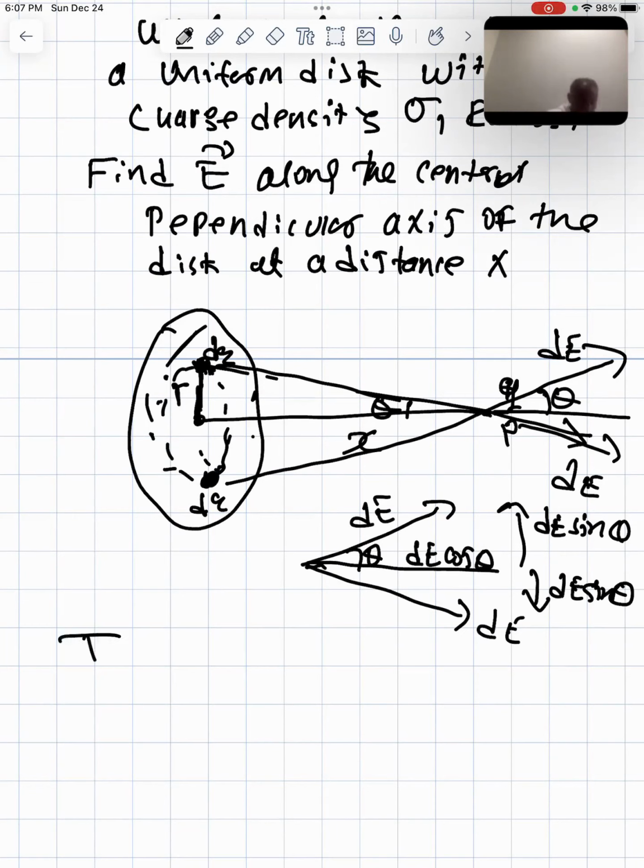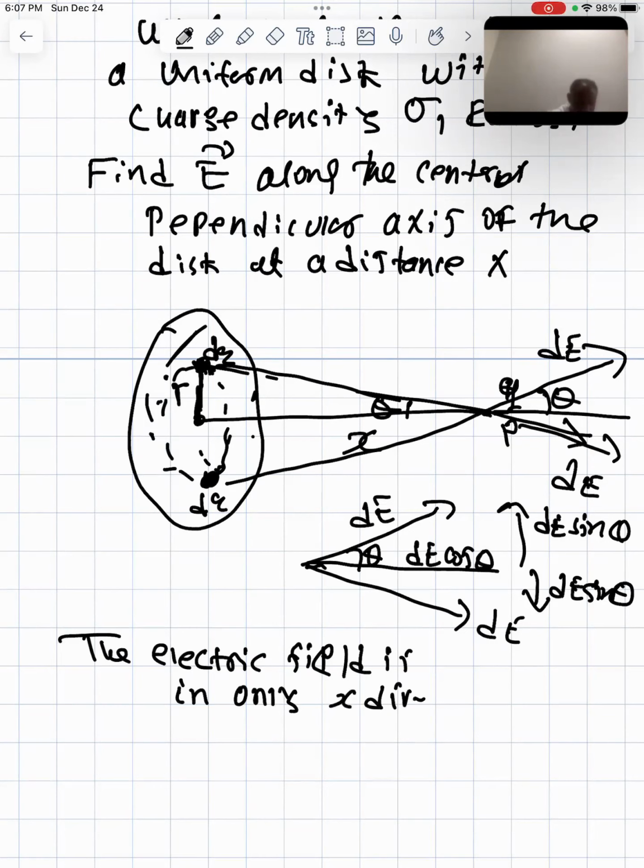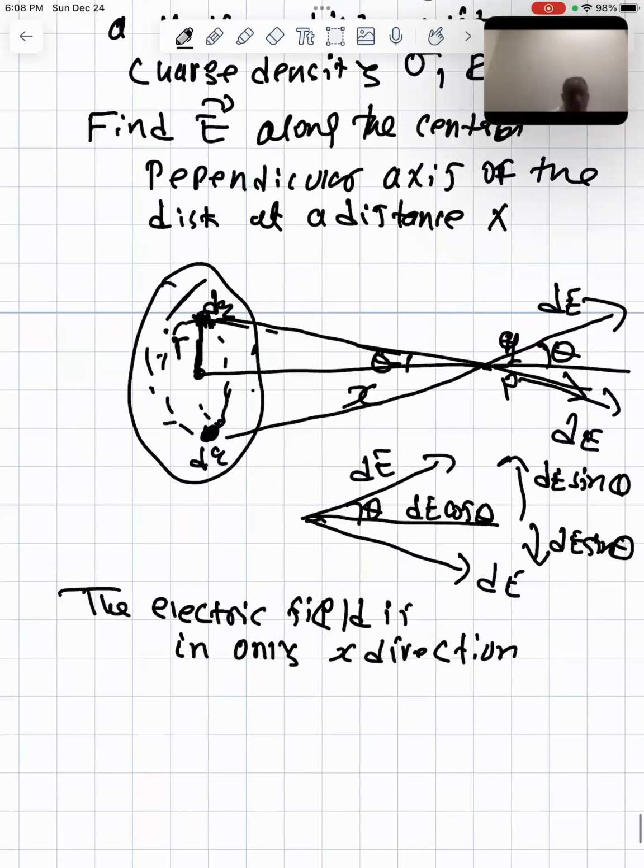So the electric field is only in the x direction. So we're going to take care of that.